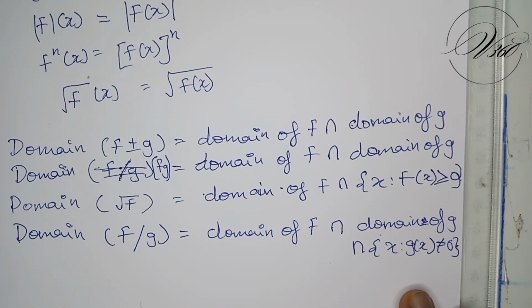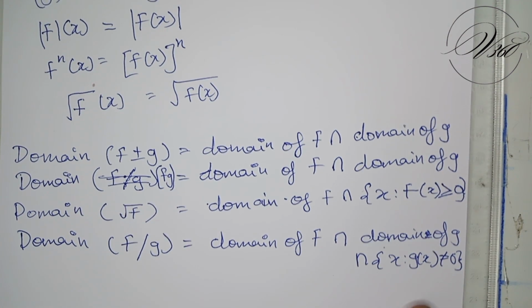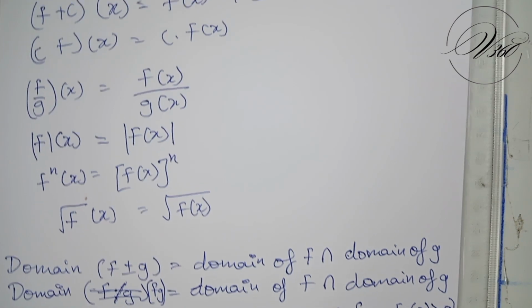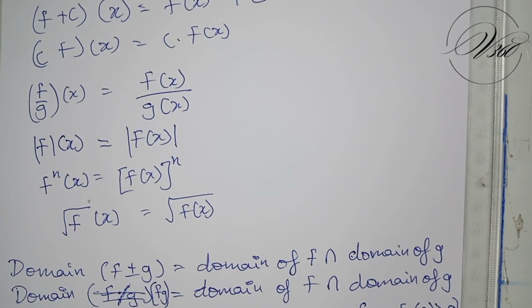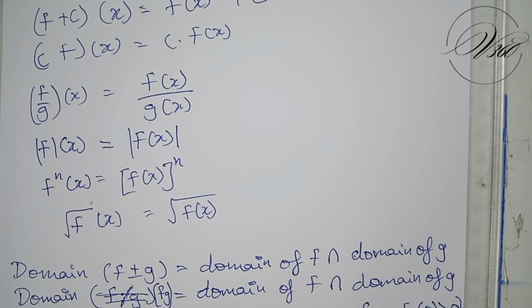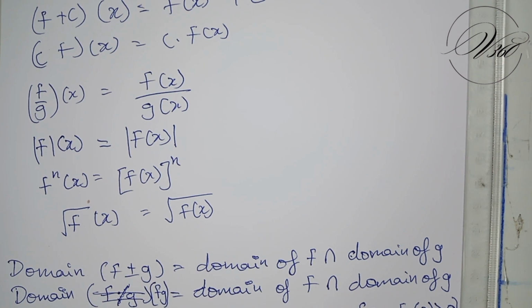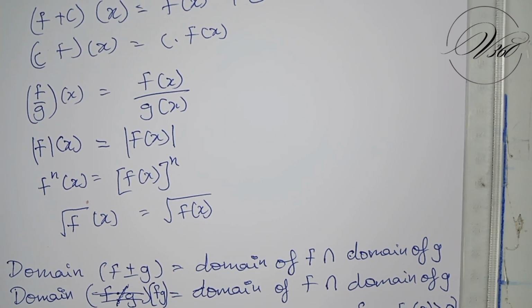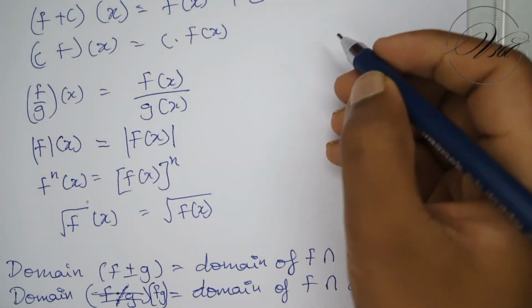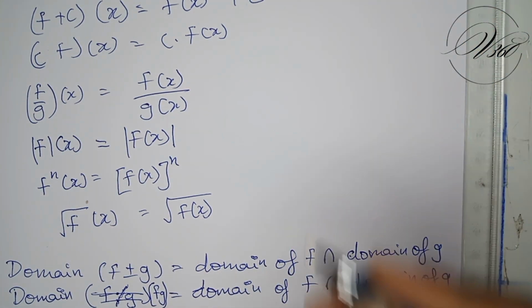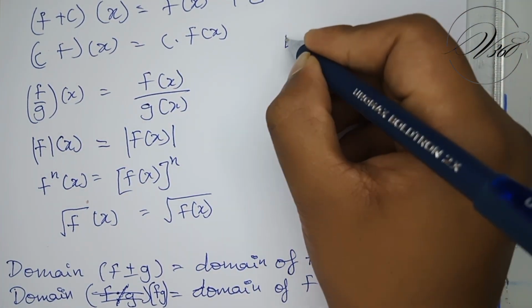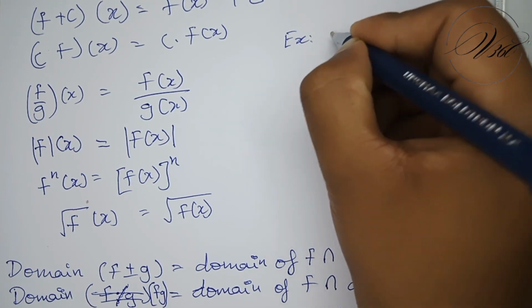Okay, now let me take an example first. Actually I should tell the example before the domains part, but it will be simple and easy if I tell first the domains formula and then the example. Okay, now I will take an example.